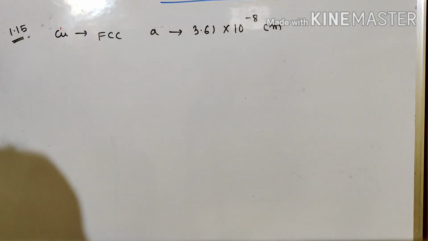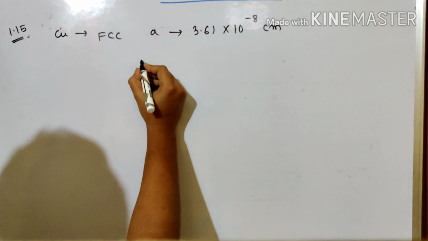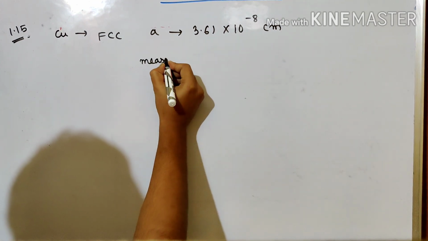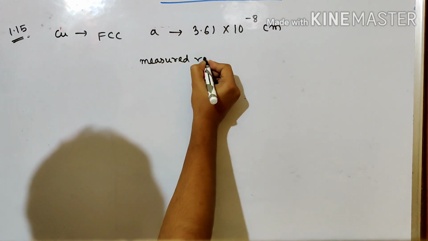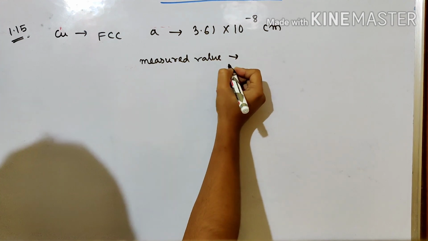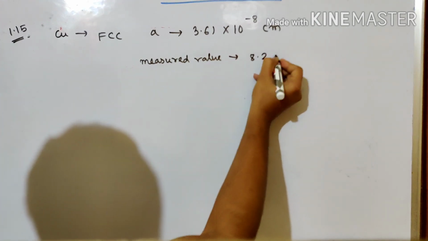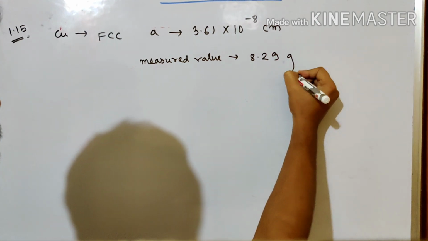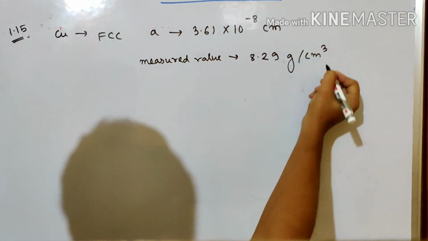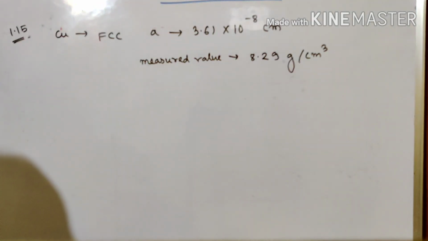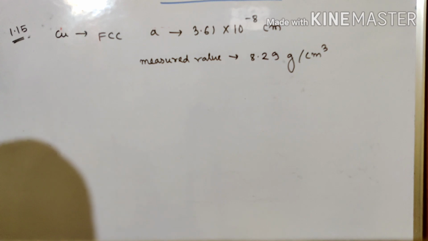We have to show that the calculated density is in agreement with the measured value, which is 8.29 gram per centimeter cube.